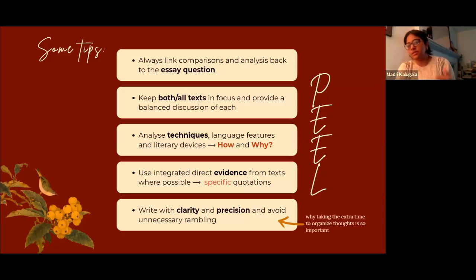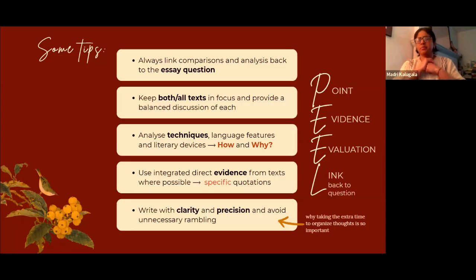For any analysis, comparative analysis, or essay type questions, there is a technique called PEEL, which is when you're writing the answer. You show your point, you show your evidence, you evaluate the evidence. So point, evidence, evaluation, link back to the question. Very simple, very, very clear, and not a complex thing to remember.